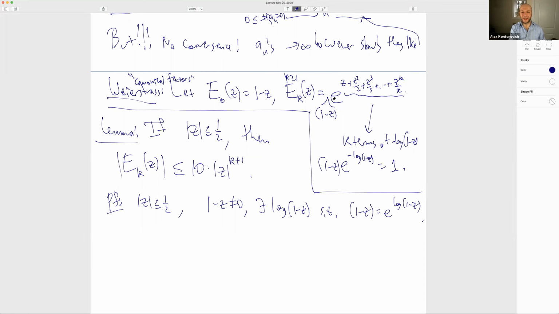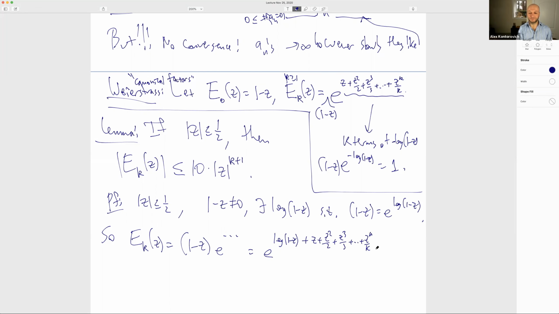And so let's put that in. E_k of z is equal to 1 minus z times e to all this stuff, which we'll write as e to the log of 1 minus z plus, now I'll put in what the stuff was, z plus z squared over 2 plus z cubed over 3, and so on, z to the k over k.